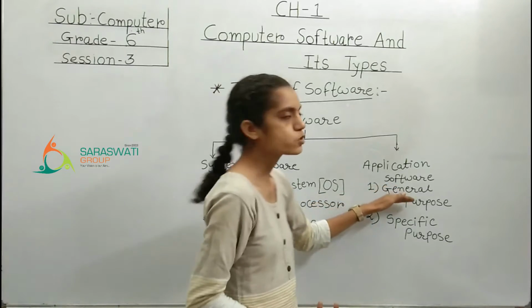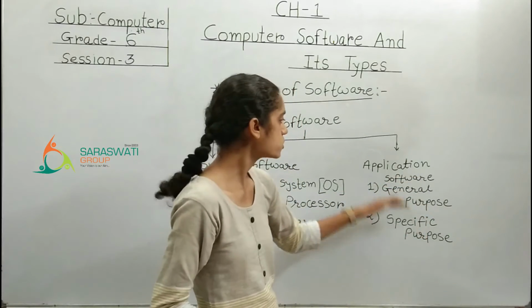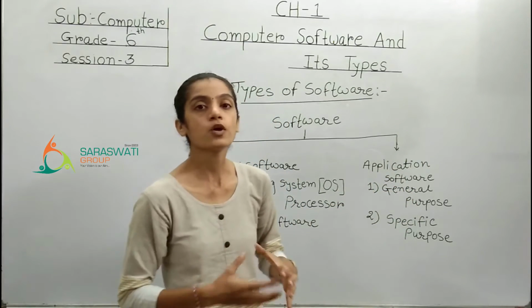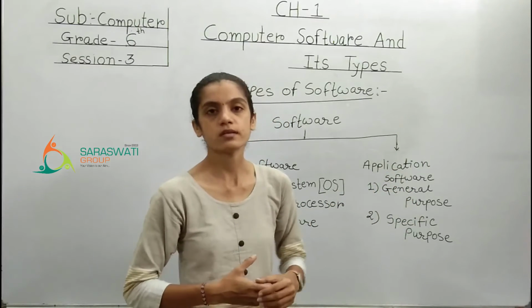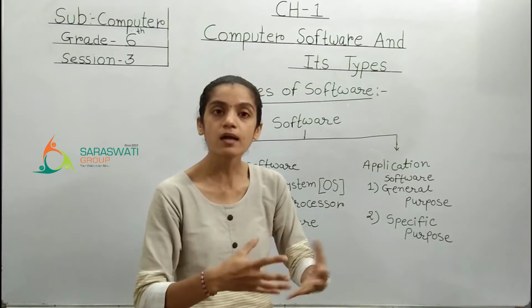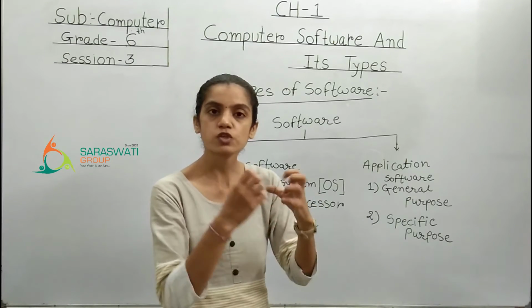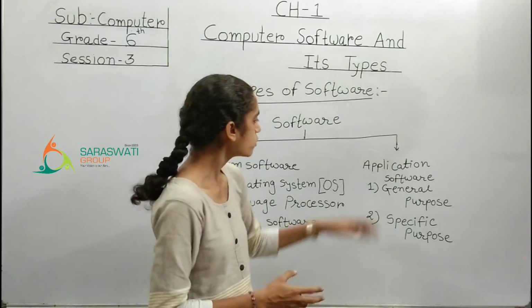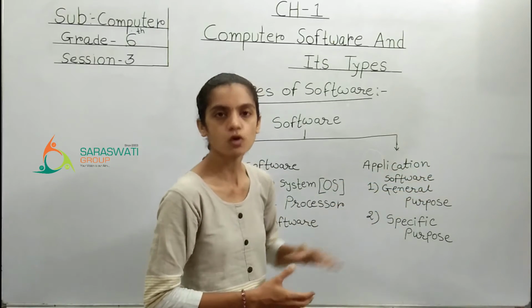Right? Now next one, application purpose, or you can say application software. जैसे मैंने आपको बोला that you have to download certain applications for certain work. वीडियो एडिट करने के लिए, वीडियो बनाने के लिए, VFX या उसमें कुछ इफेक्ट डालने के लिए, गेम्स बनाने के लिए, right? So that is known as what? Application software.